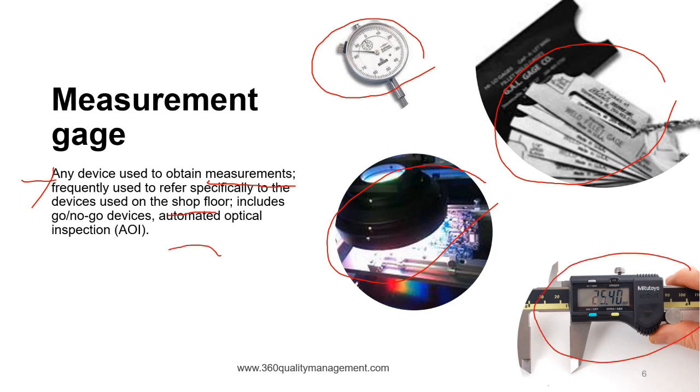Even the eye of the operator is also a type of measurement gauge, where it is used to judge whether the part complies or does not comply to certain specs or certain criteria.